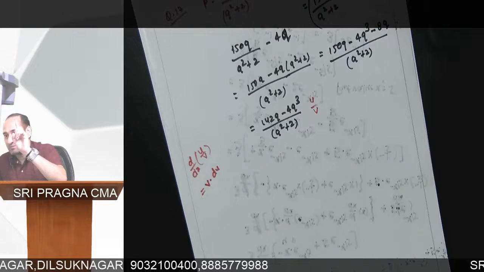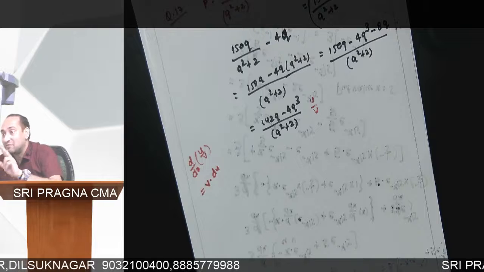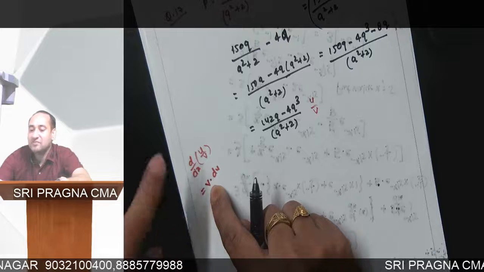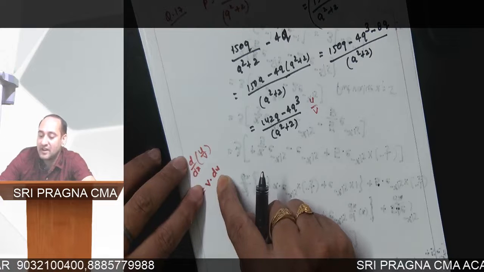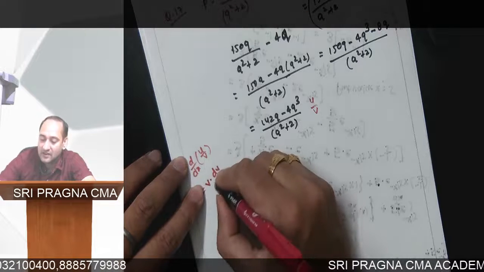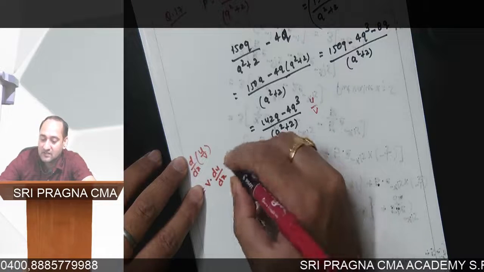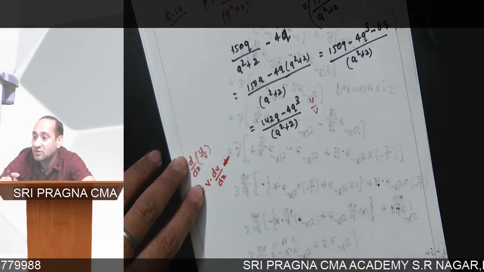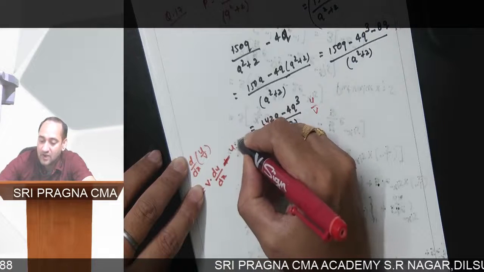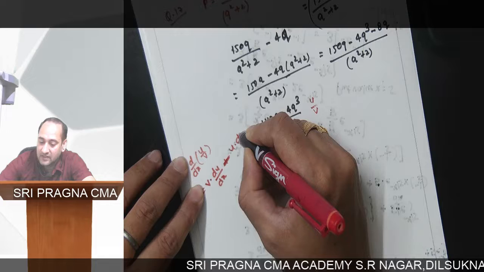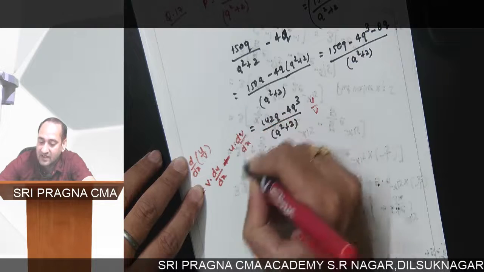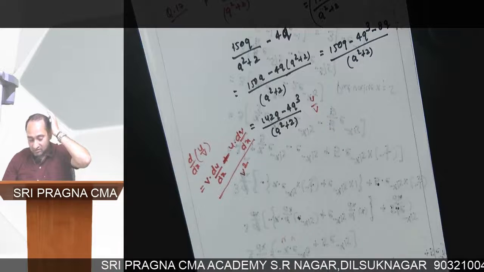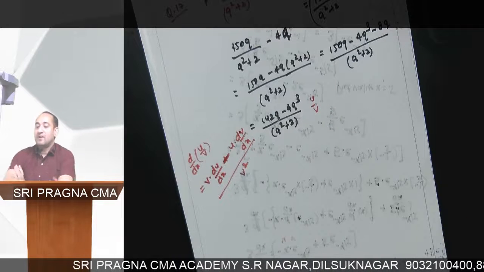But when the minus is there, the order is important. So first of all keep v as a constant: du by dx, minus, we have to do minus not plus, u by dv by dx, whole divided by v square. Am I clear to all of you?